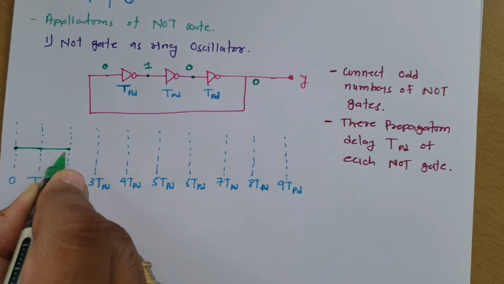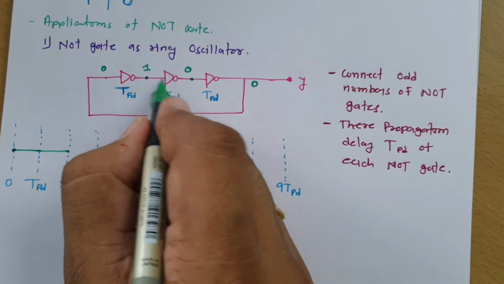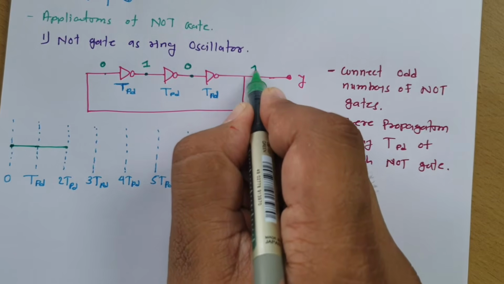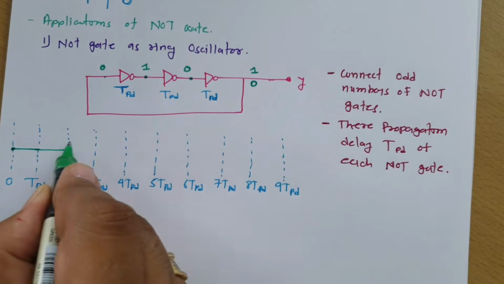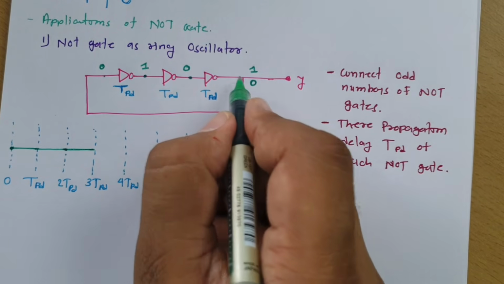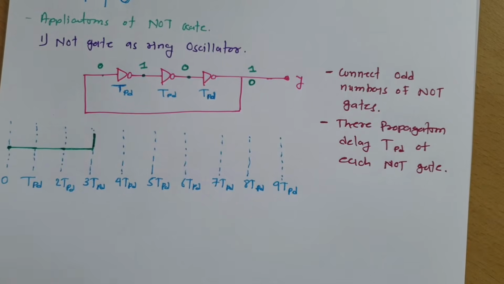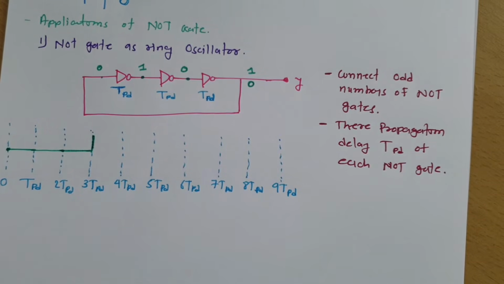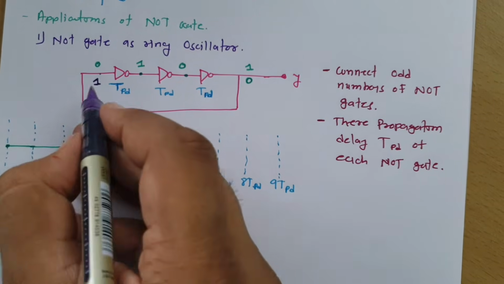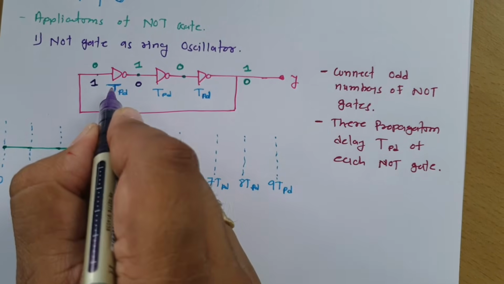My output is 0 only, and over here this is 0, as this is an inverter. Again this 0 to 1 will take a time of TPD. So till the TPD time period my output is 0 only, but after TPD it will get 1. Now this 1 output comes over here, and this will get 0, but our output will be 1 here.